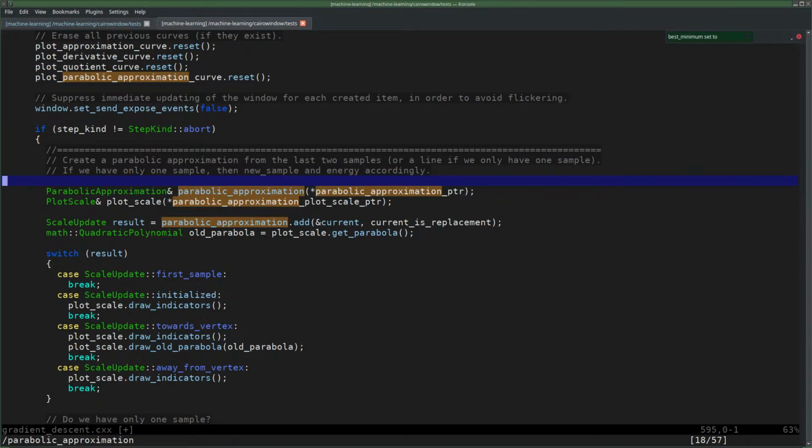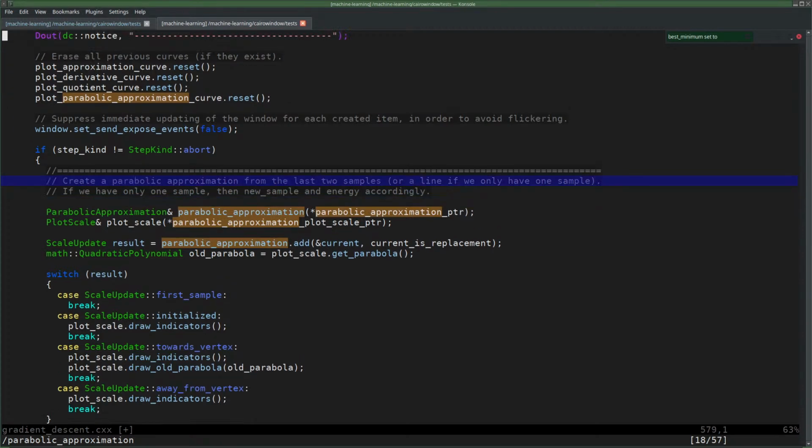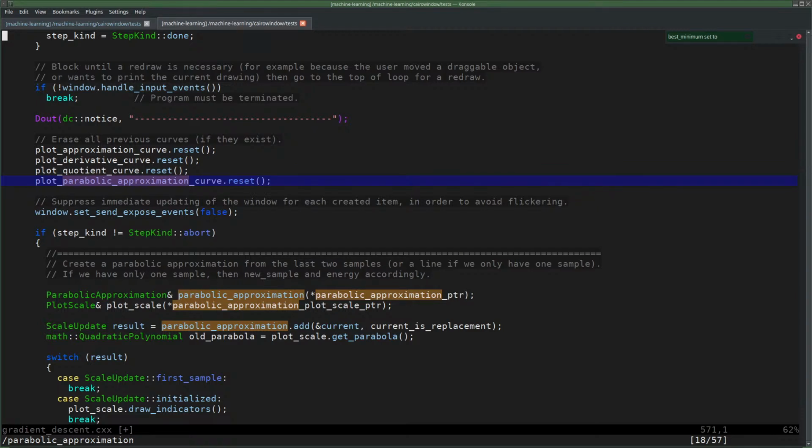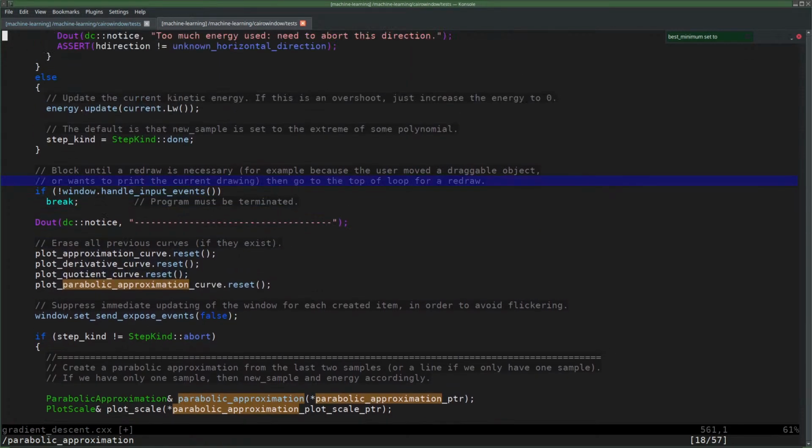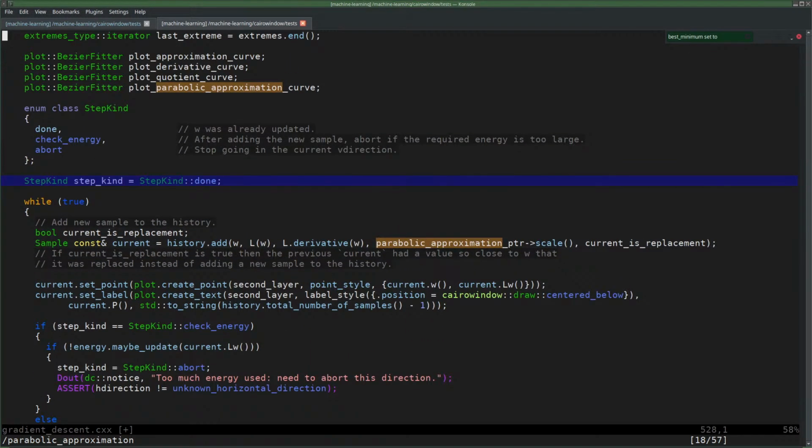But what is the pointer pointing to? I think I don't know. Could be a minimum. Previous minimum or not? Not really.